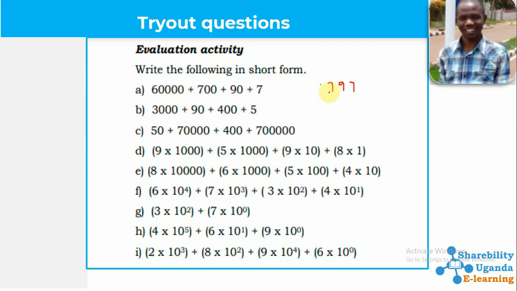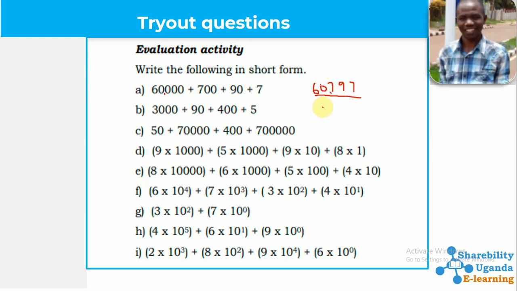These three zeros represent it here. So this is the same number. If we use the same method the other side, we can still get this number.